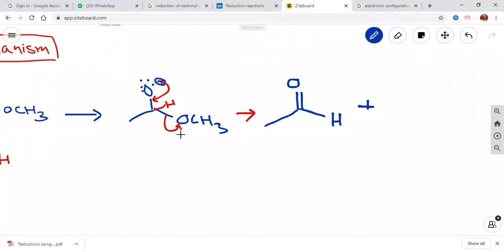Here, this gets removed, so we get an alcohol, CH3OH. Now this is the aldehyde.